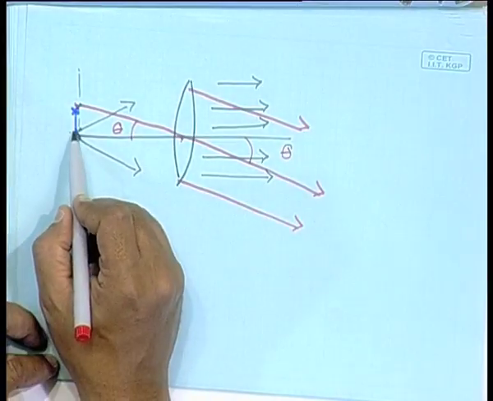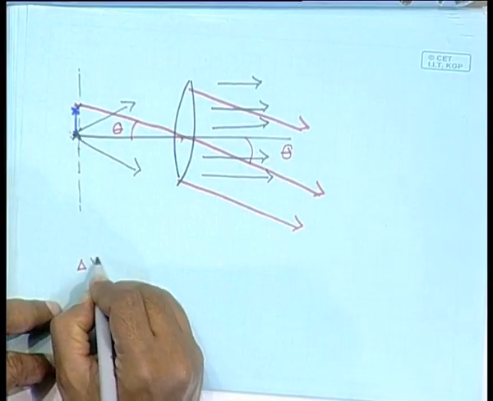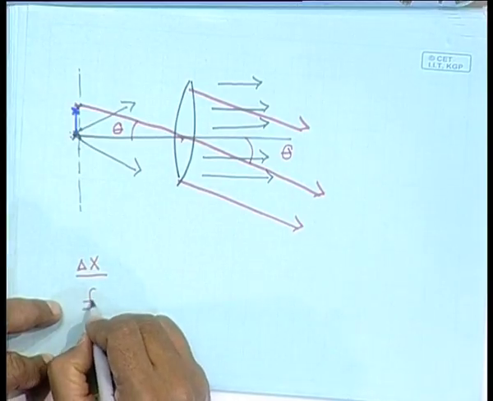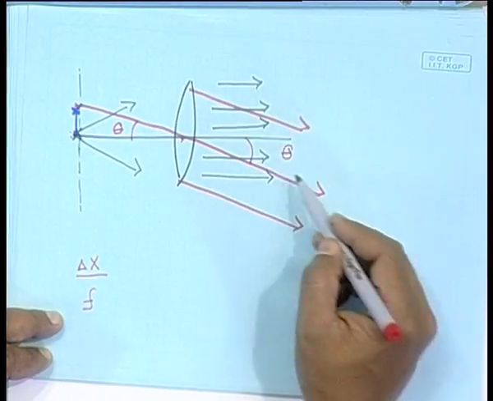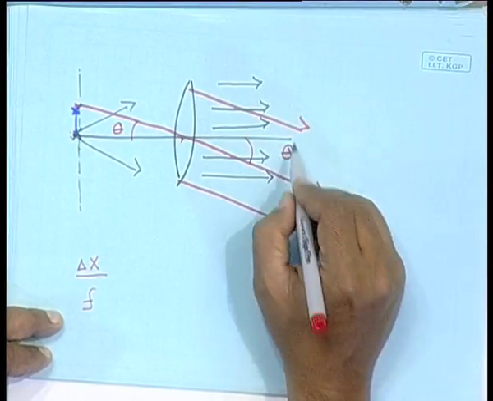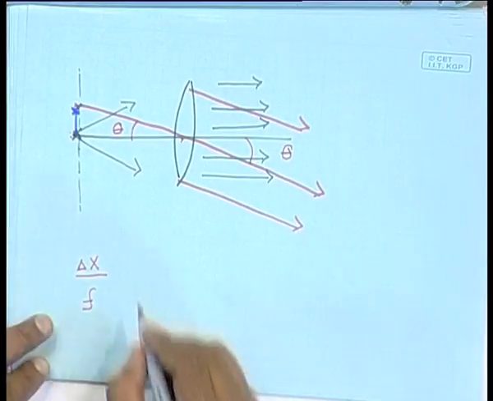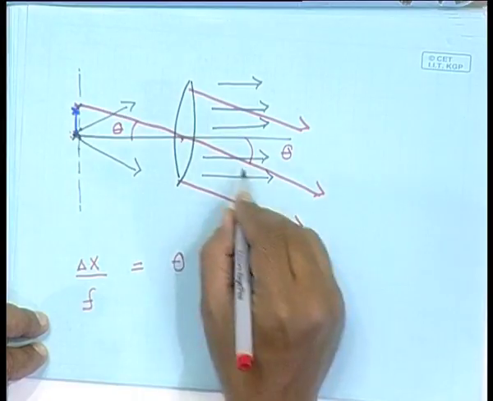And if the distance that you move this up is delta x, then the angle is approximately delta x by the focal length f. So, this is going to be the angle theta which the wave is going to make with the symmetry axis of the lens.